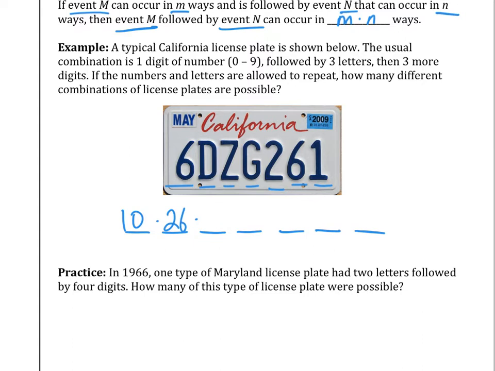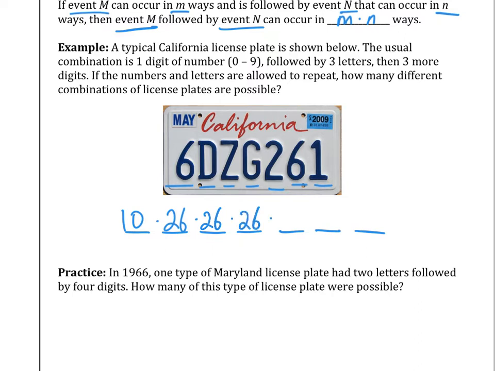The next thing is you're going to have to choose another letter. Now the question says the numbers and letters are allowed to repeat, which means you can choose the same letter as the one you just chose. So then how many ways can you choose the next letter? Well, that's going to be 26 again, because you can choose the same one again. And so on. The next one is a letter, so that's 26.